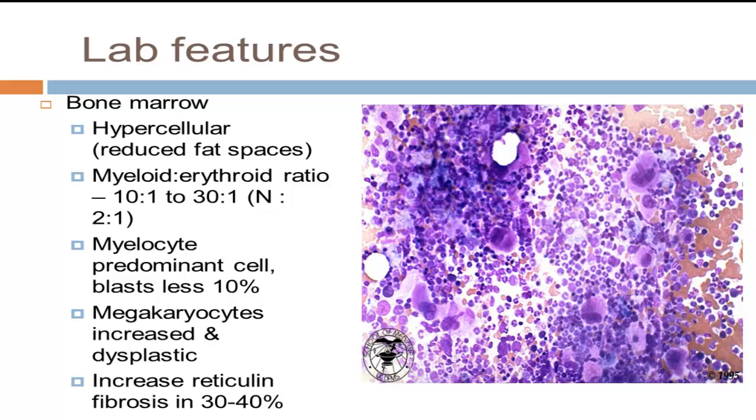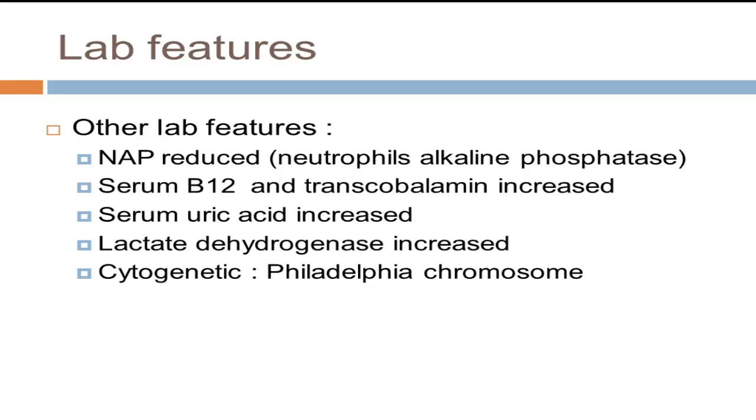Increased reticulin fibrosis in 30 to 40%. Other lab features like neutrophil alkaline phosphatase is reduced, serum B12 and transcobalamin increased, serum uric acid is increased, lactate dehydrogenase is increased, cytogenetic Philadelphia chromosome is present.